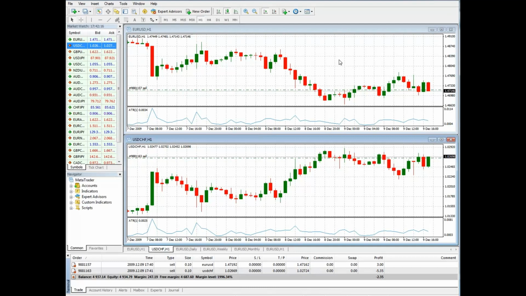Now we know that there is no currency pair known as the euro dollar, US dollar, US dollar, Swiss franc. It wouldn't be a pair, it'd be a quad. But that's what we actually have trading here. Basically this price movement here is the price movement of our synthetic security.